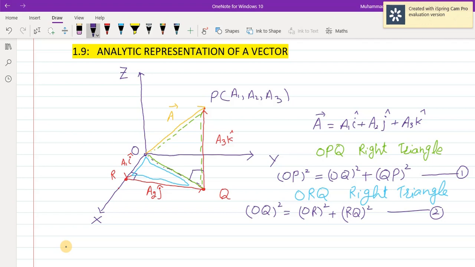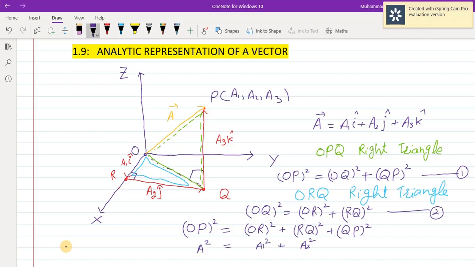Now put this value of OQ square in equation number 1 and we have OP square is equal to OR square plus RQ square plus QP square.